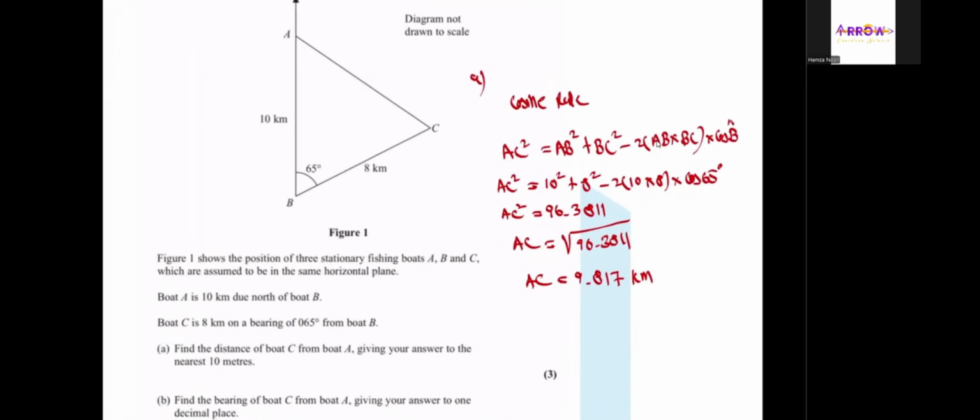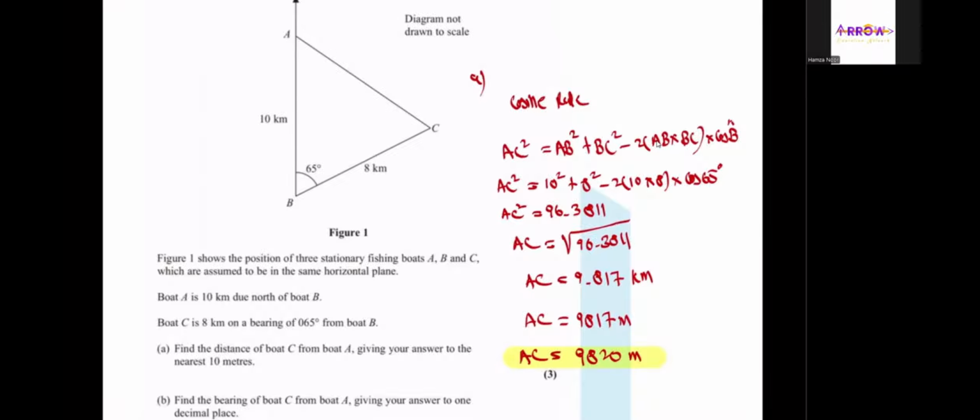So AC is 9817 meters, since 1 kilometer has 1000 meters, and correct to the nearest 10 meters, this is 9820 meters.